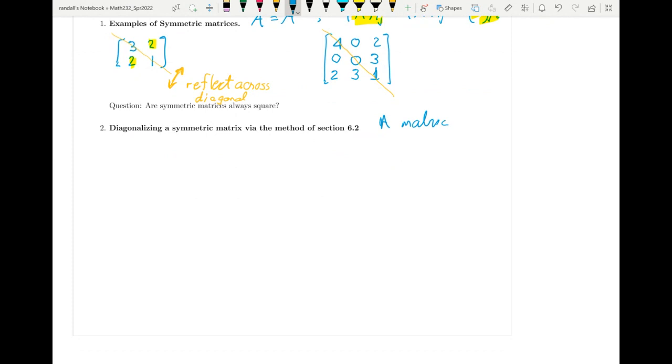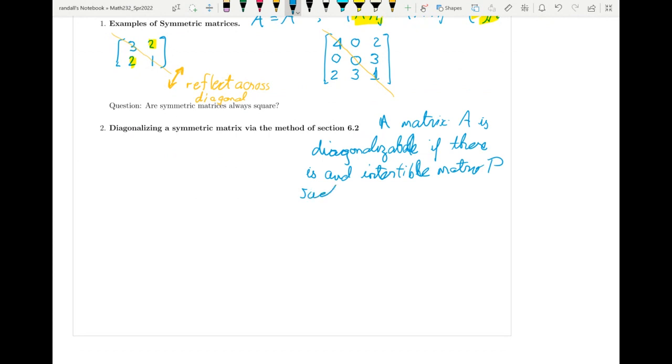A matrix A is diagonalizable if there is an invertible matrix P such that P inverse A P equals D, and D is diagonal. So that's diagonalizable.